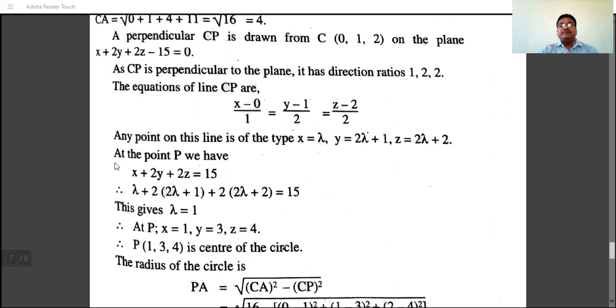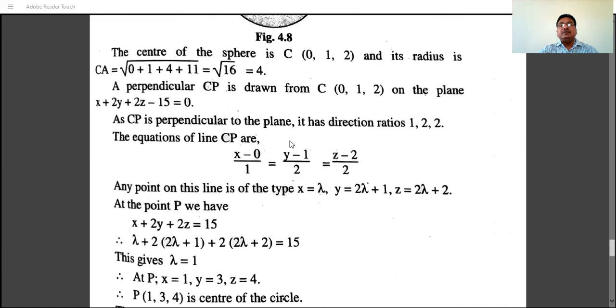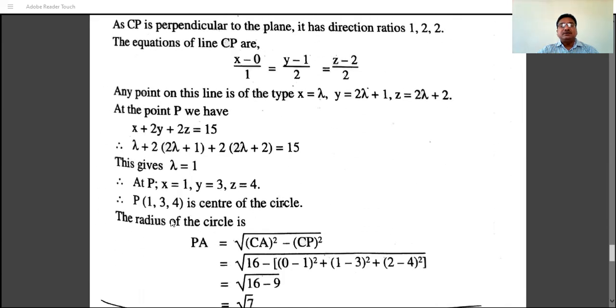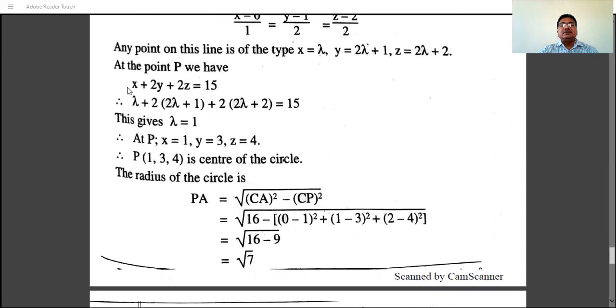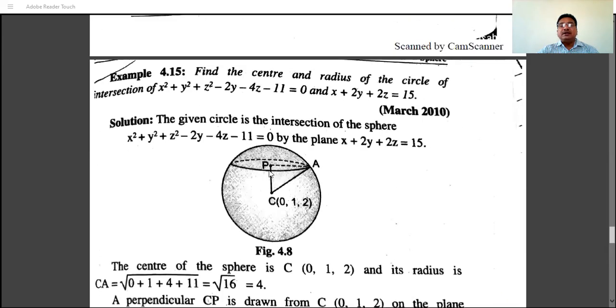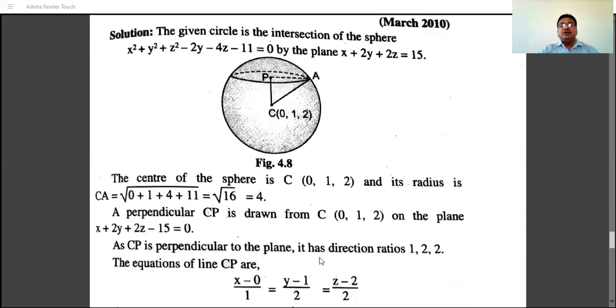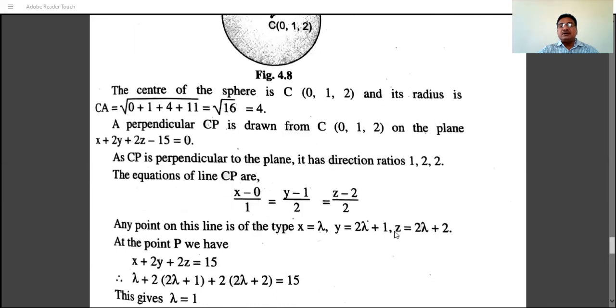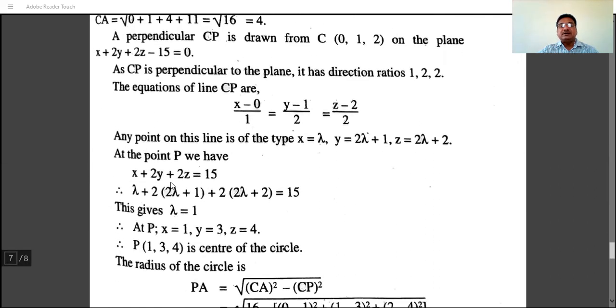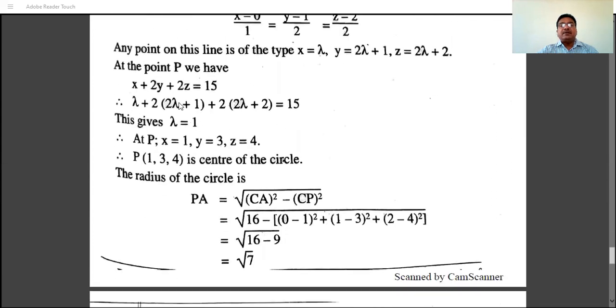And if this point lies on this plane, then this point satisfies the equation of the plane. That is, we substitute in the equation of the plane x as lambda, y as 2 lambda + 1, and z as 2 lambda + 2, because we have to find the point on the line as well as on the plane, the point of contact of line and plane, this point P. After simplification, we have lambda = 1.